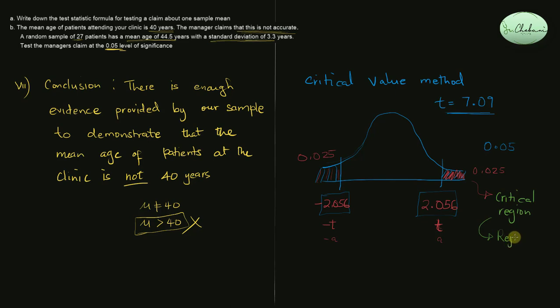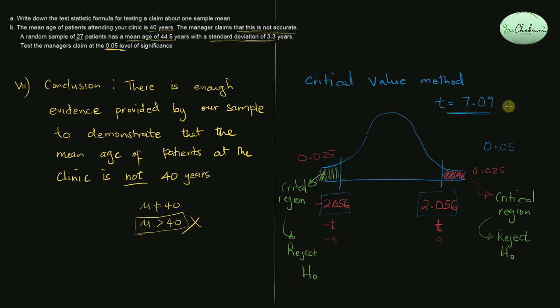Similarly on the left side, if our calculated test statistic is less than minus 2.056, less than our critical value, then it will fall in this area, which is again the critical region and also an area where we reject the null hypothesis.